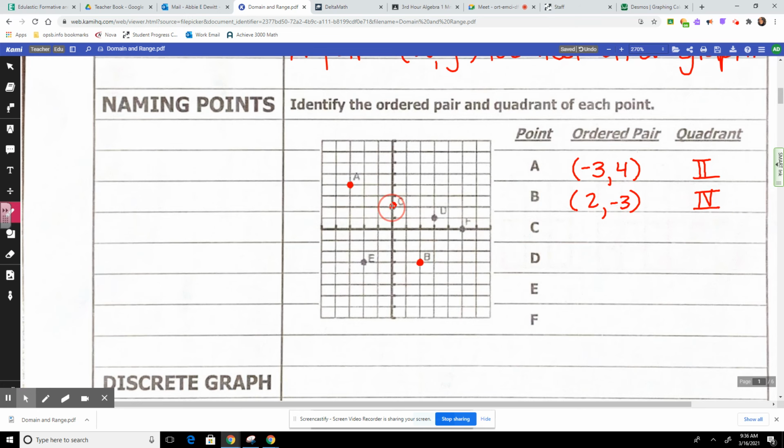Point C, right here, this is the most common mistake made. I'm neither going to move left or right along the x-axis. I'm going to remain where x is 0. So x is 0. And I'm going to move up where y is 2. So if you do not move along the x-axis left or right, then your x is 0.